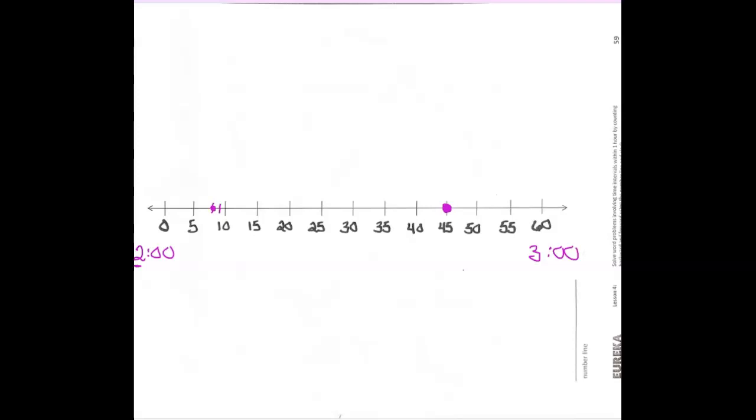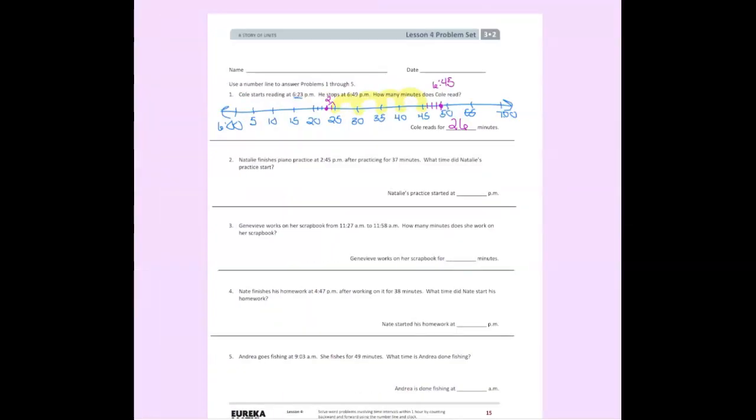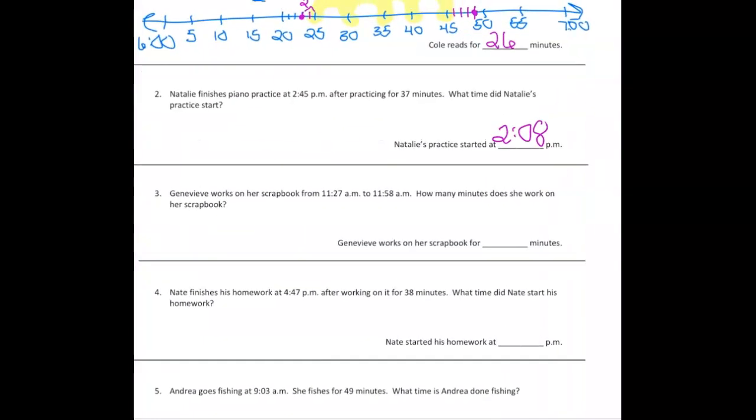So right there, and if we count back from 10, 9, 8, she started at 2:08 p.m. So that's what we will put on our line, 2:08. Again, if you need to stop the video, please do so.